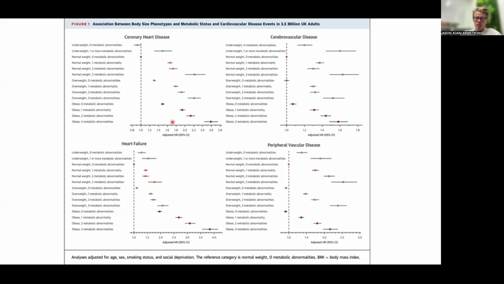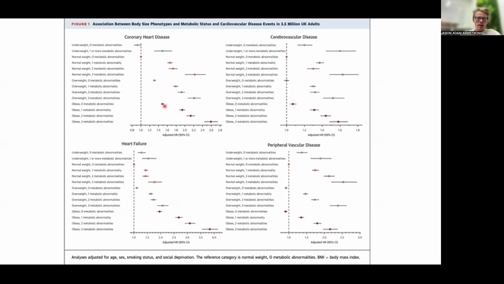Now we're jumping up to like 70% increased risk for coronary heart disease. If we jump down, overweight individuals also have an increased risk, even with zero metabolic abnormalities. So this is where we were talking about, right? There are other health outcomes besides mortality that we're interested in, and being overweight does increase your risk for a variety of other health outcomes, even if it doesn't increase your risk for mortality directly.